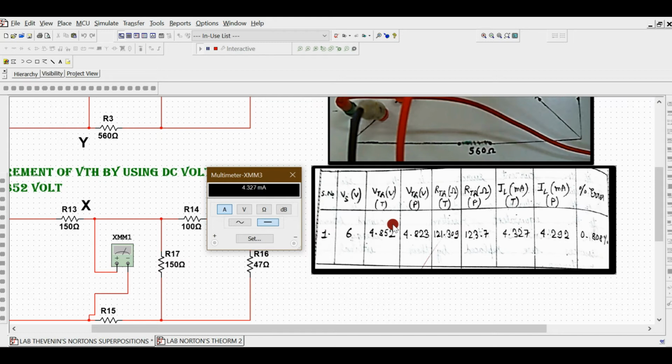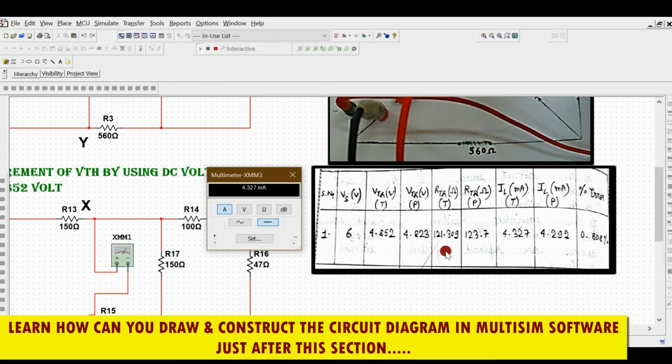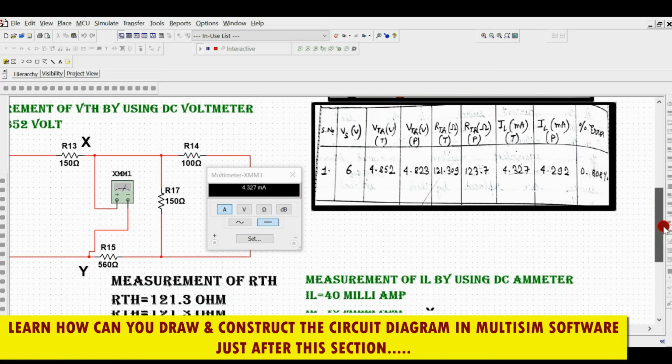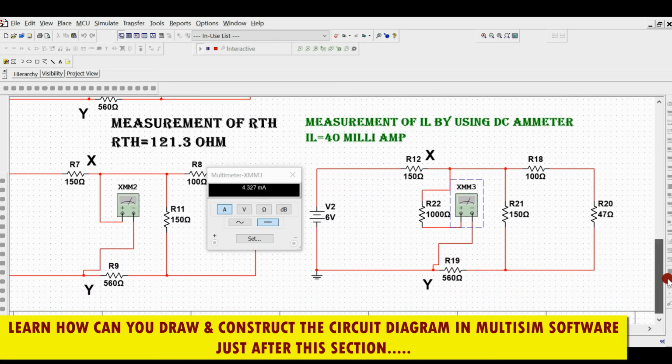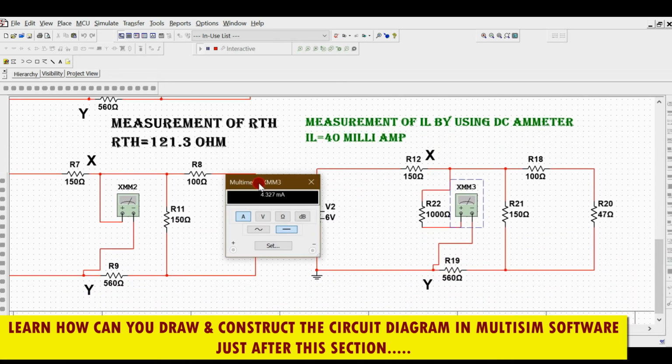There could be some error there guys. That is why there is a difference of reading here, because the instrument cannot be 100% perfect. So this is by practical measurement. But so far in our Multisim software, these readings are exactly the same. So there is no error. So we can verify this Thevenin's theorem in Multisim software.